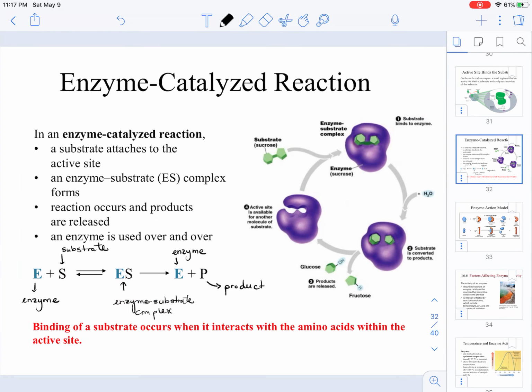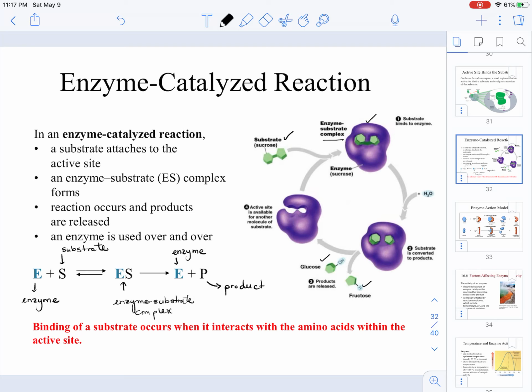Now, here we have an example of sucrose interacting with sucrase. First, you have the substrate interacting with the enzyme, which is this purple structure. Then we have the enzyme substrate complex coming together. Specifically, sucrase is going to hydrolyze sucrose into fructose and glucose.